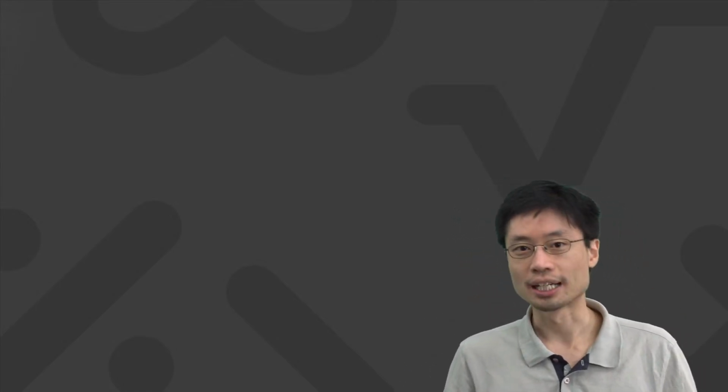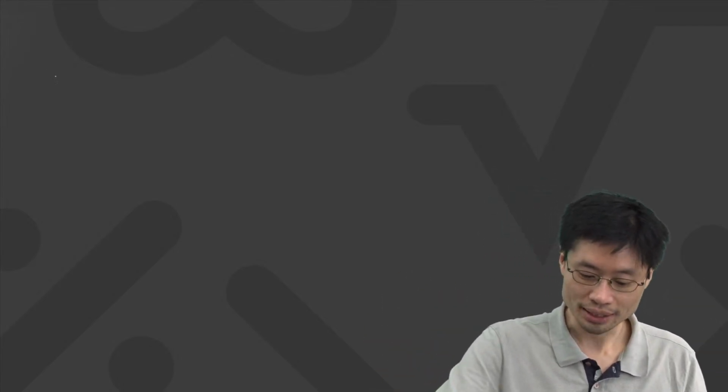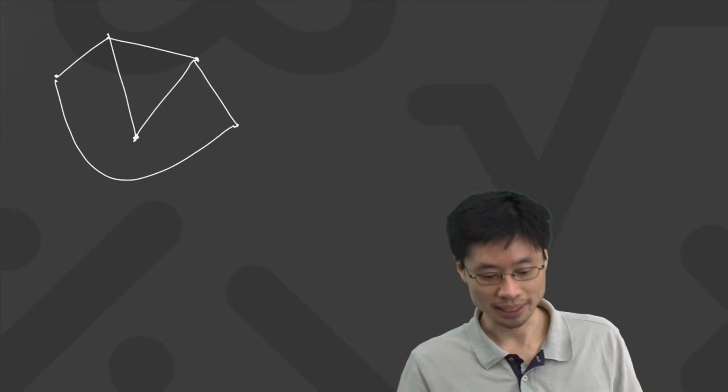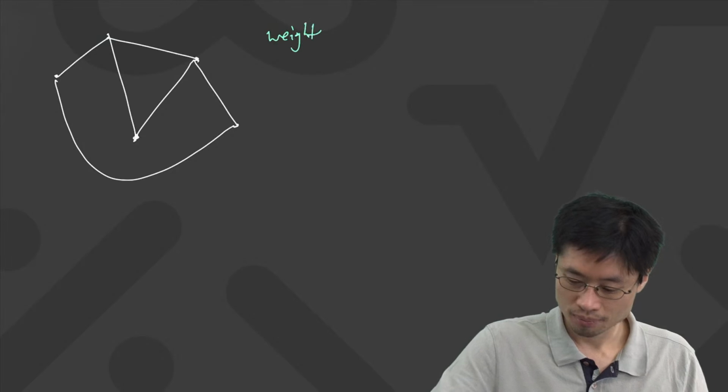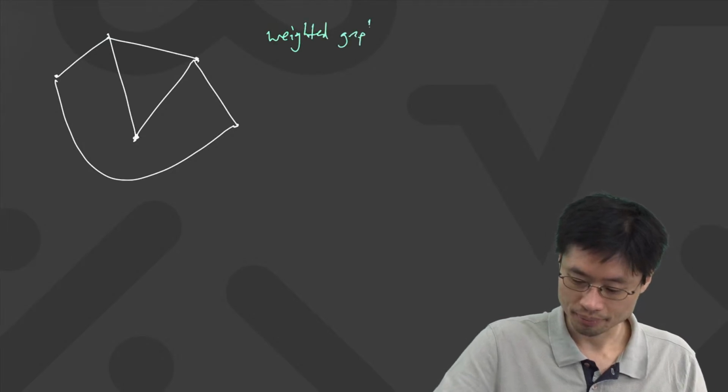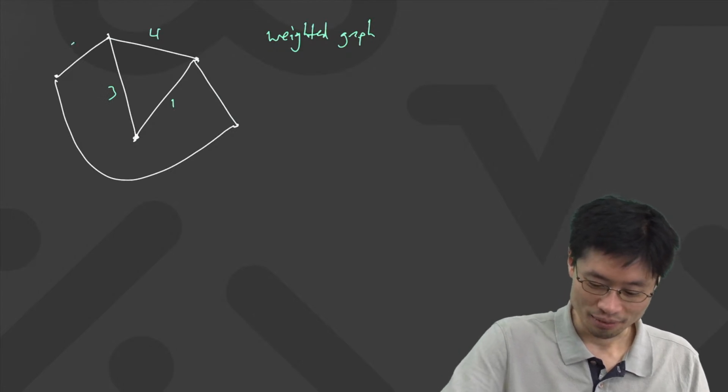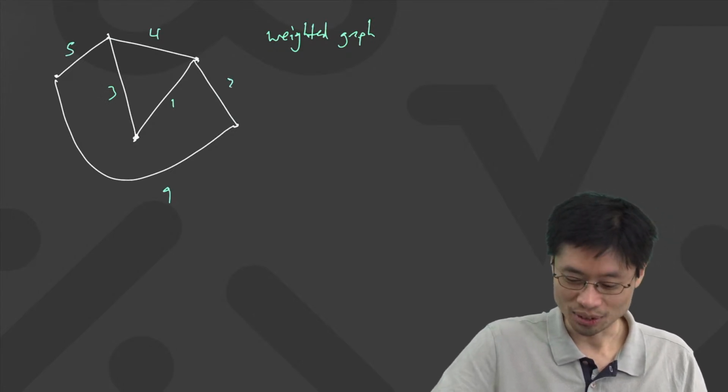But the notion is that if you have a graph and somehow there are weights on the edges, so we have here some kind of a graph, and every edge has a weight. So we have a weighted graph. I don't know, some weights, 3, 1, 4, 5, 9, 2, something like that.